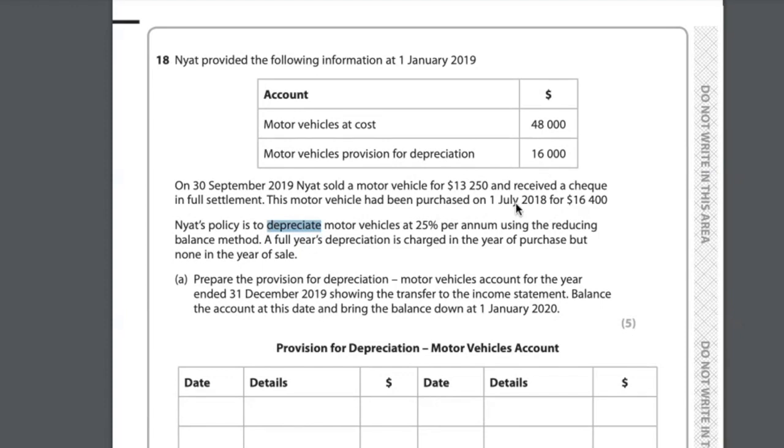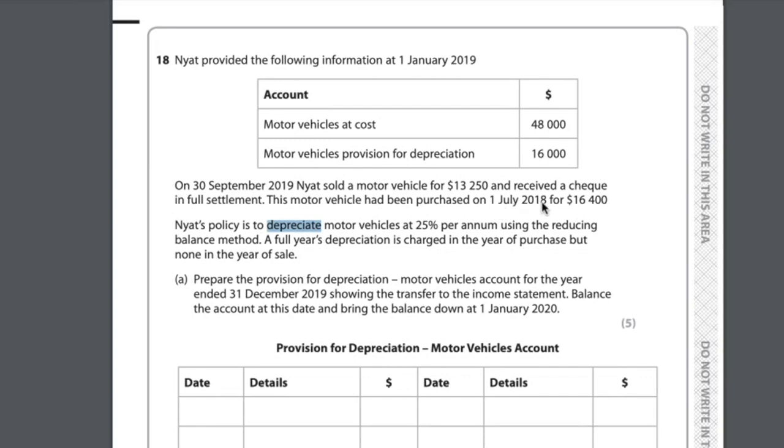This was bought on 1st July, so we have only 6 months when we have bought this asset. The policy is to depreciate motor vehicles at 25% using the reducing balance method, but we have to apply a full year's depreciation in the year of purchase, not 6 months, because it was bought on 1st July 2018.